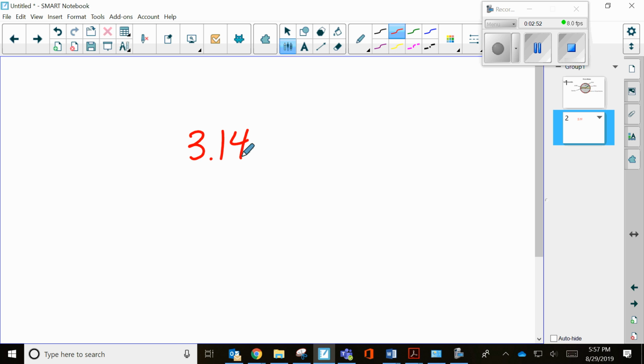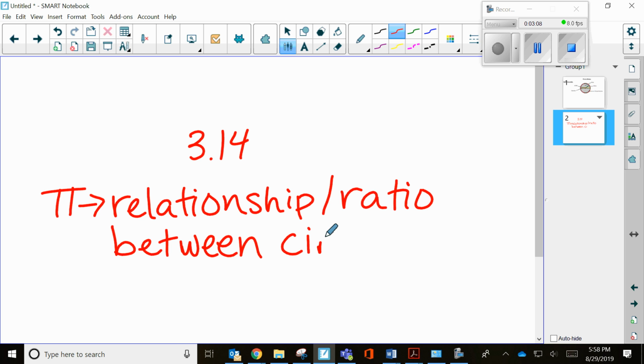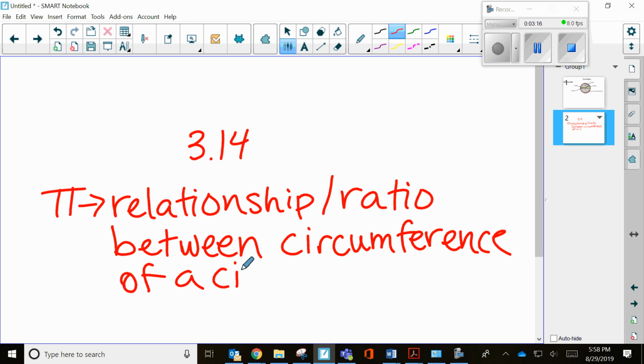Okay, so pi is the relationship or ratio between the circumference of a circle and the diameter.